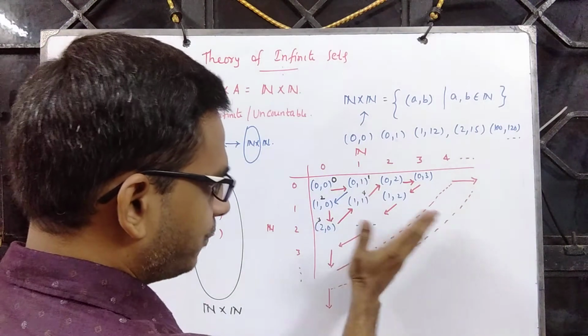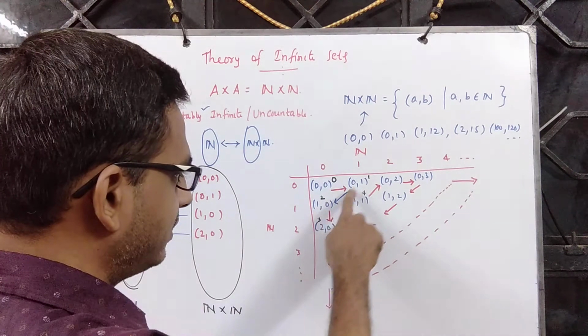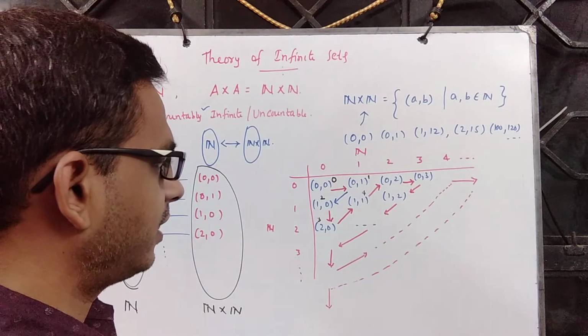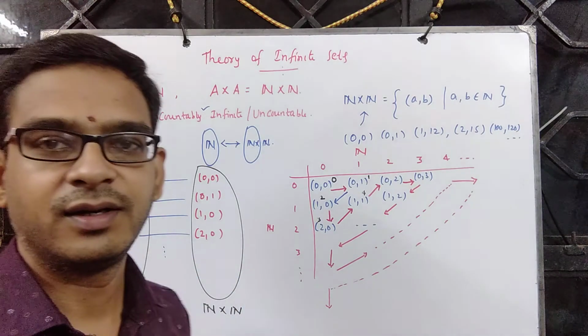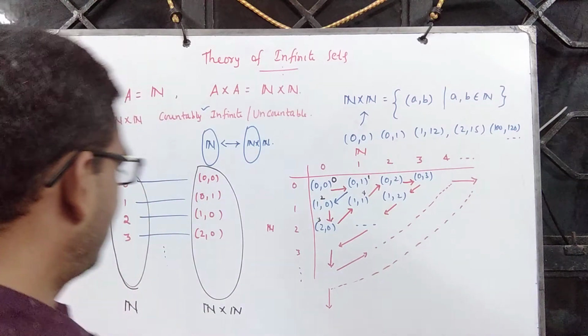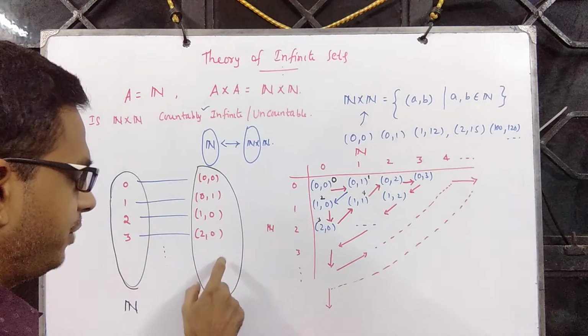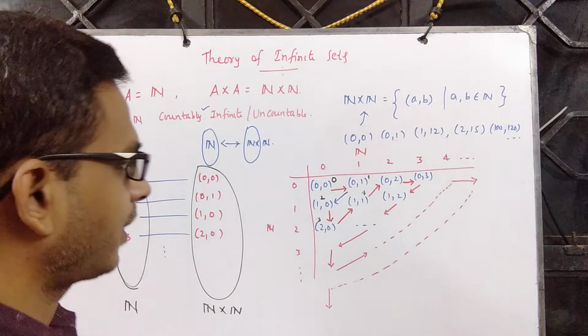Although it's infinite, you can see them layer by layer, and you see that this kind of argument gives you a mapping from n cross n to n. You give me an element in n, I can give you its map. You give me an element in n cross n, I can give you its pre-image.